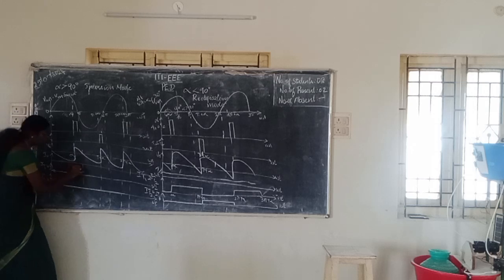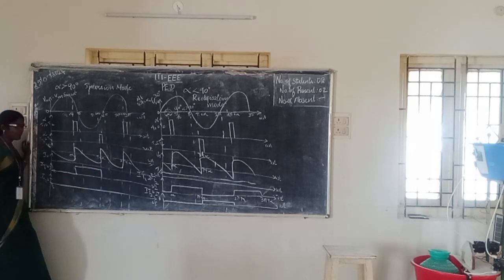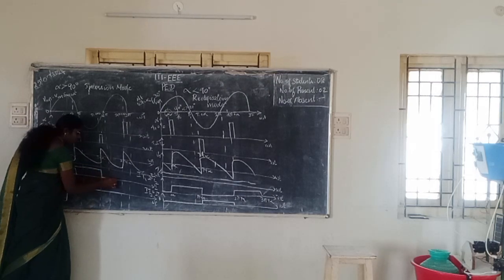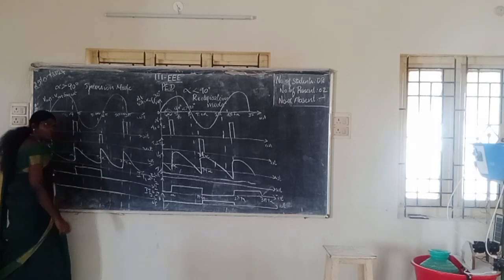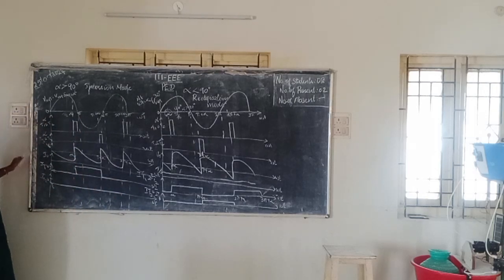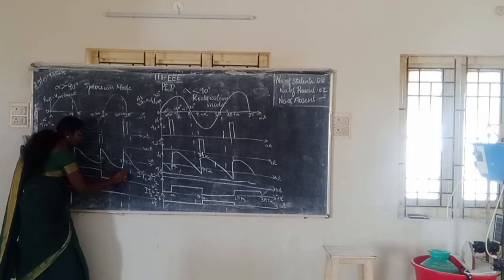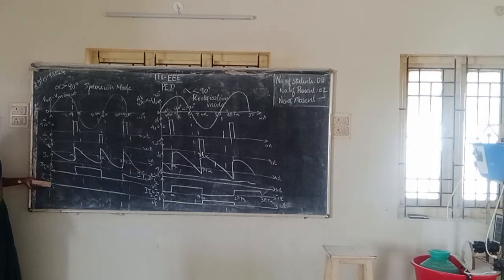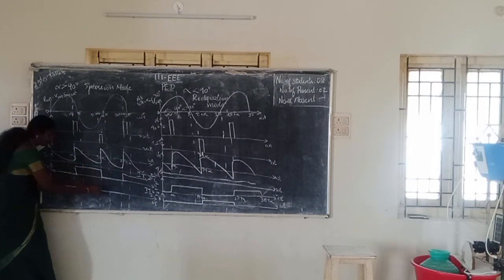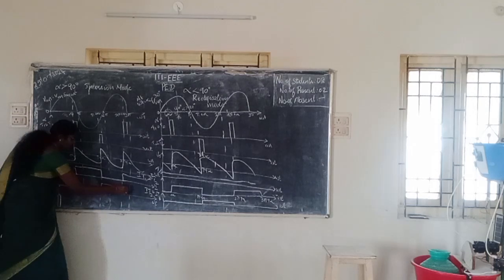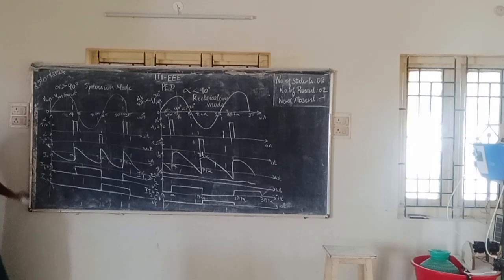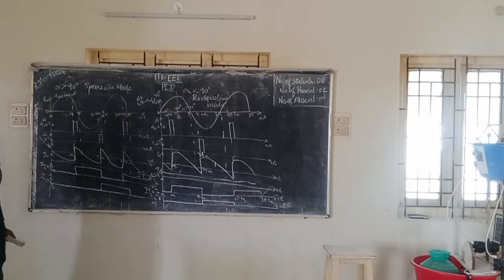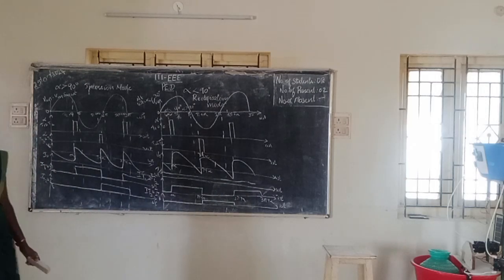Again, 2 pi plus alpha to 3 pi plus alpha. What about the current through T3 and T4? Pi plus alpha to 2 pi plus alpha. Clear? That is all about inversion mode, that is, alpha greater than 90.